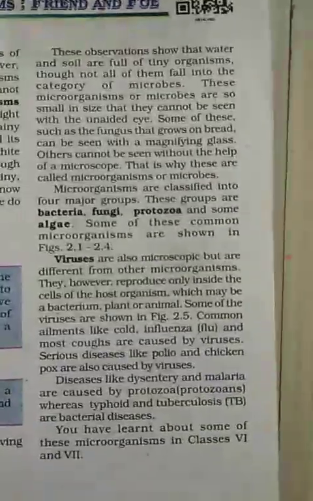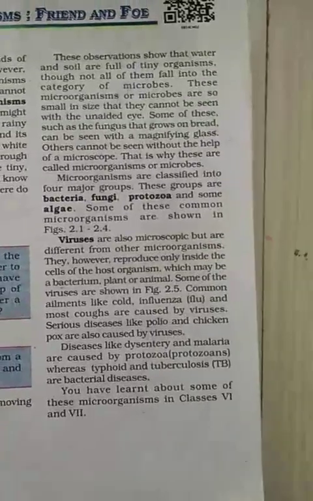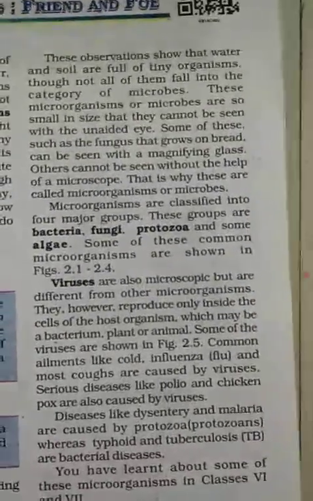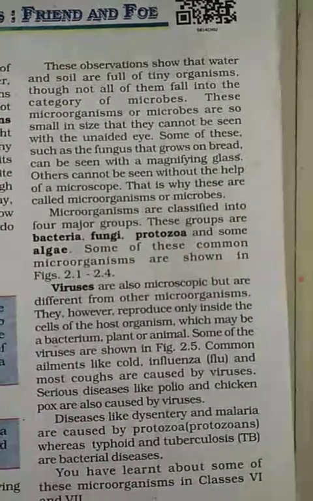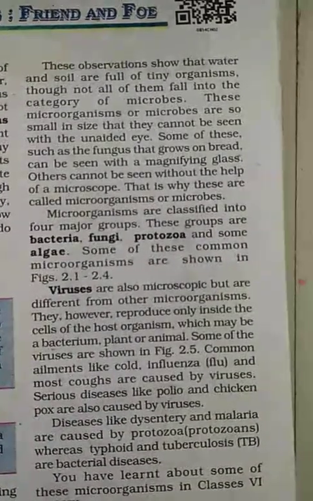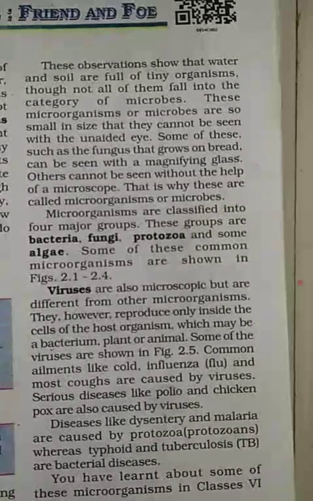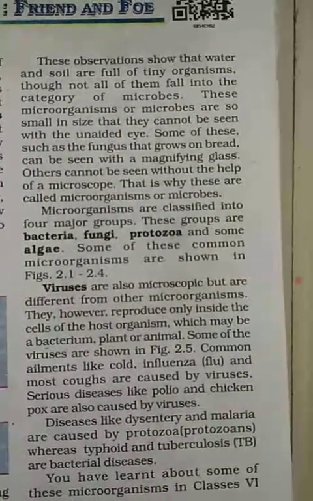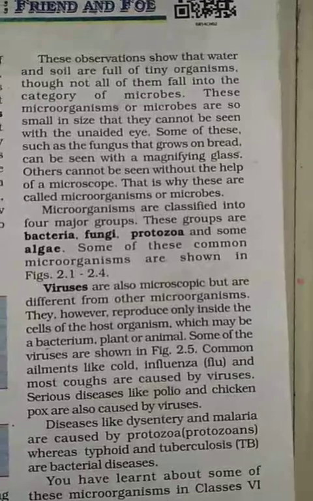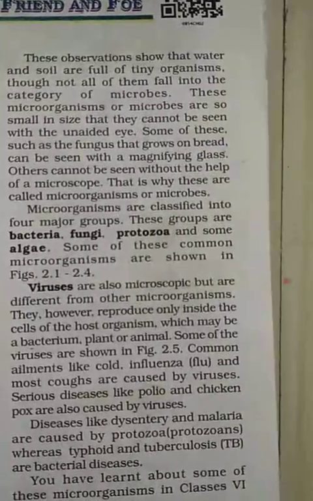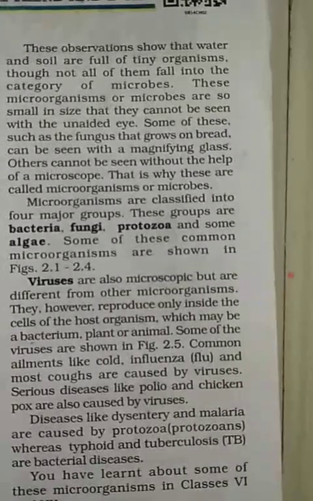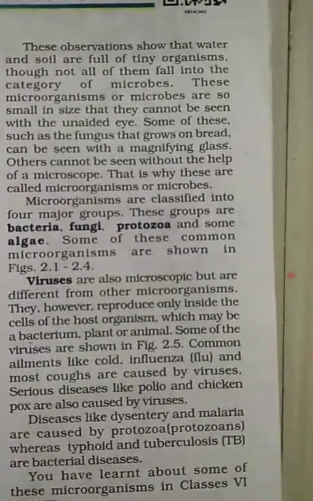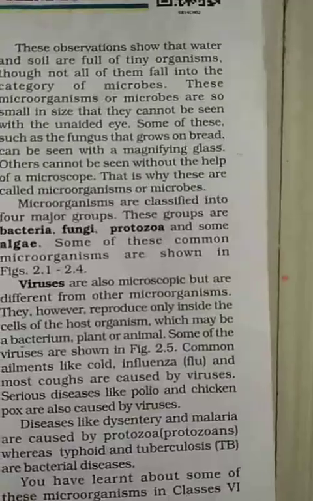Some of these, such as the fungus that grows on bread, can be seen with a magnifying glass. Others cannot be seen without the help of a microscope. That is why these are called microorganisms. The organisms which can be seen only with the help of a microscope are known as microorganisms or microbes.